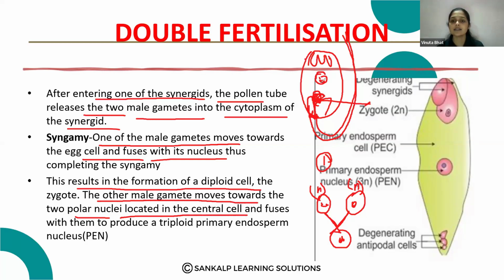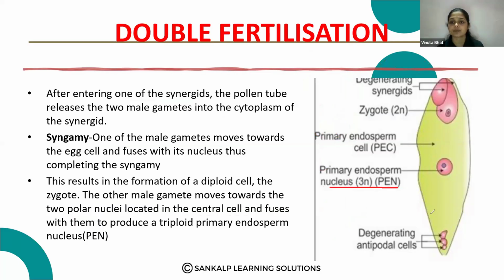The central cell already contains two nuclei, and here one more male gamete fuses with it and forms the triploid primary endosperm nucleus, the PEN.